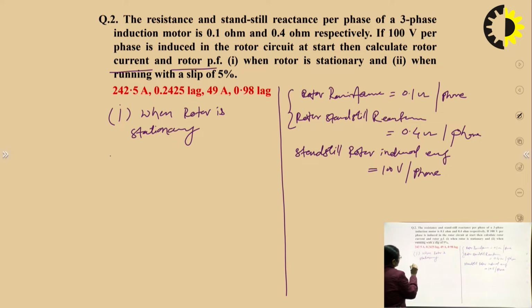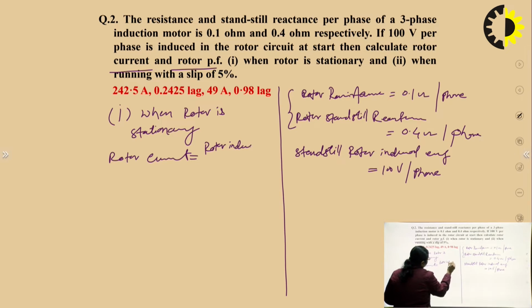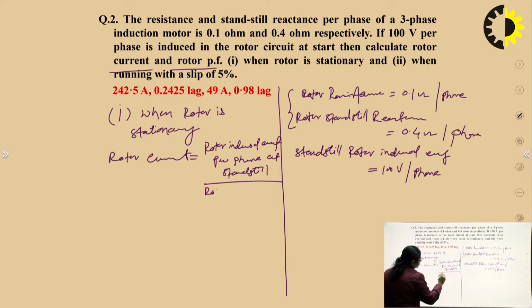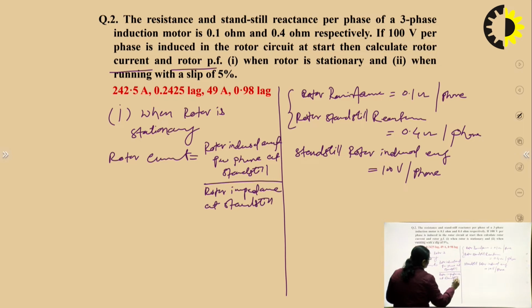So, the rotor current, let me write here, rotor current can be written as rotor induced EMF per phase at standstill divided by rotor impedance at standstill, right?